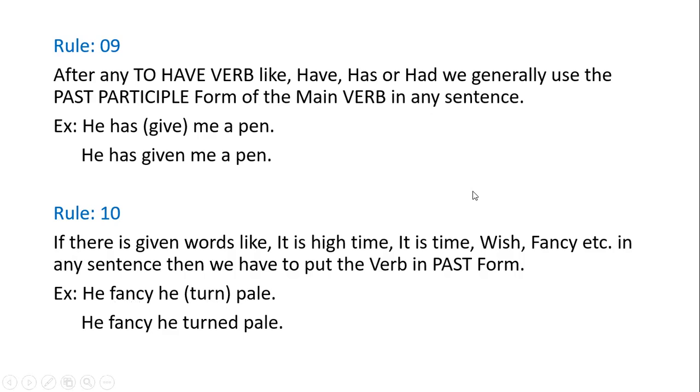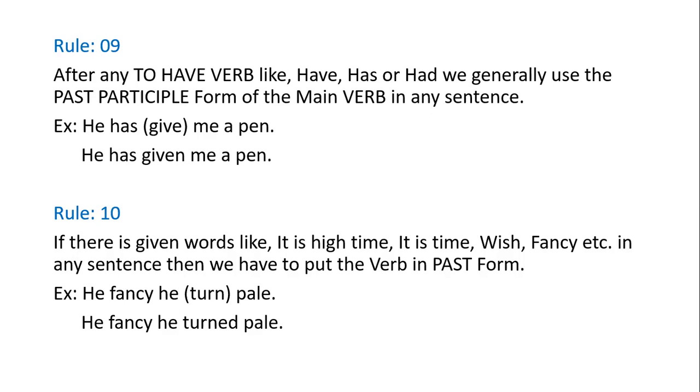I think these rules will help you a lot, because these are some of the tricky rules to find out the correct tense or correct subject. So if you can keep these rules in your mind, you can easily identify the tense of the sentence, and according to the tense you can easily put the correct form of the verbs.